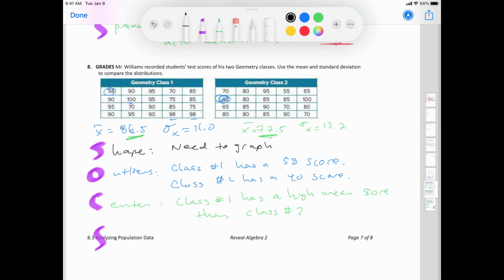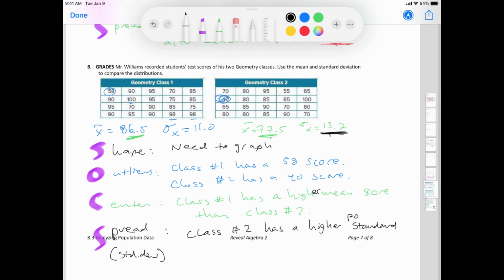Okay, last one. What is our spread? And that, in this case, is our standard deviation. So, what do we notice? Okay, so class number 2 has a higher, greater, English teacher's going to be laughing at me, class number 2 has a higher standard deviation.